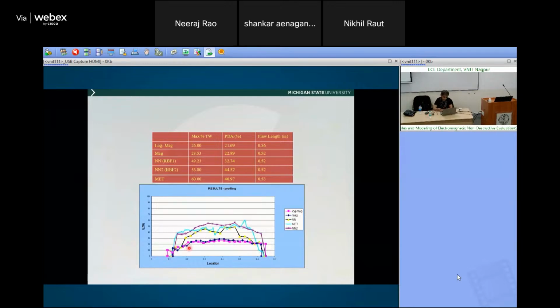Let me see, the true defect profile is this magenta one, the metallographic one, that's the blue colored curve. Now, these two are what the industry practices. They are very conservative, more like a calibration type approach.